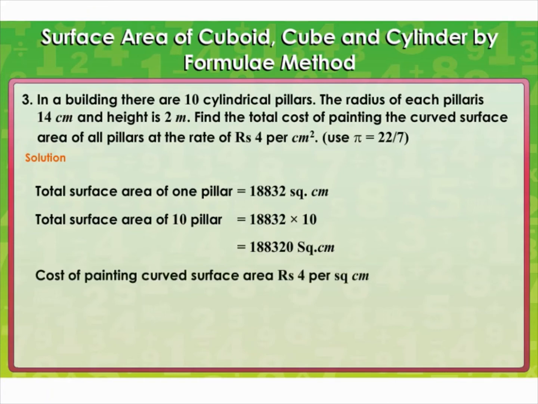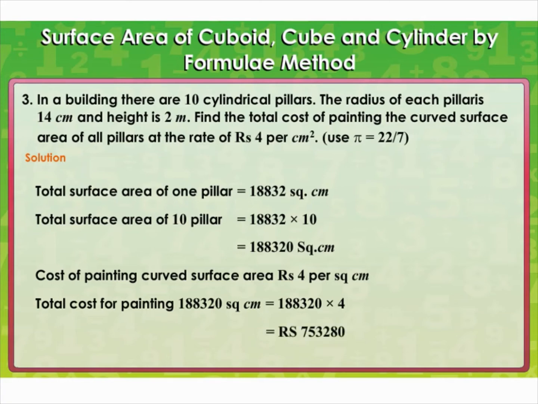Cost of painting the curved surface area is 4 rupees per square centimeter. Total cost for painting 1,88,320 square centimeters is 1,88,320 into 4, which is 7,53,280 rupees.